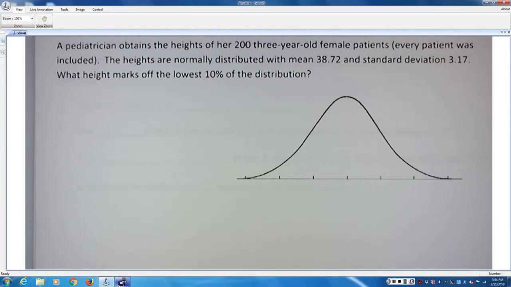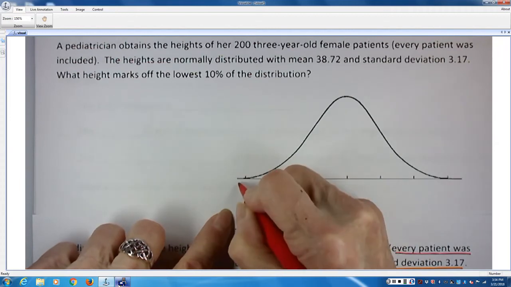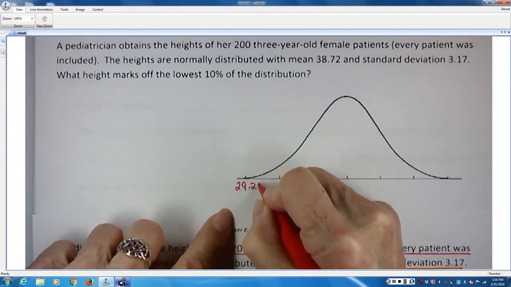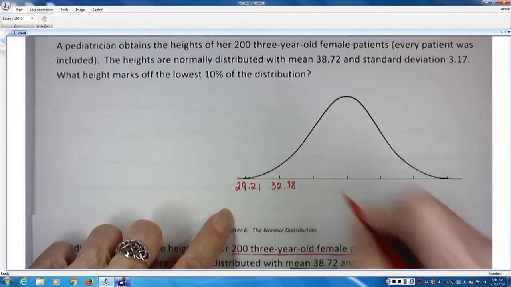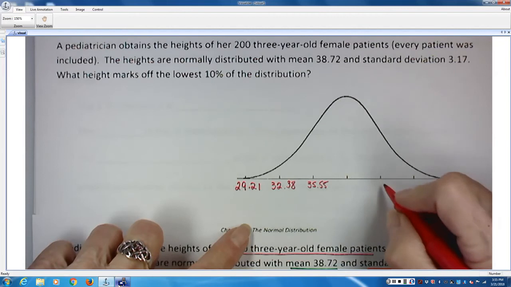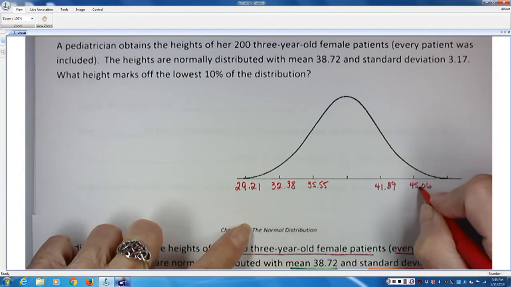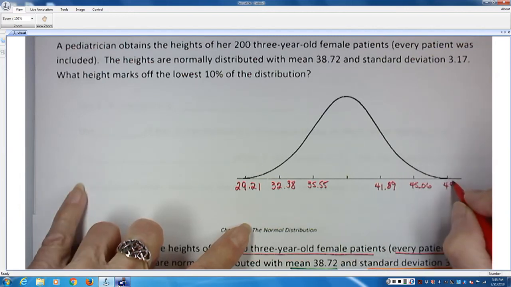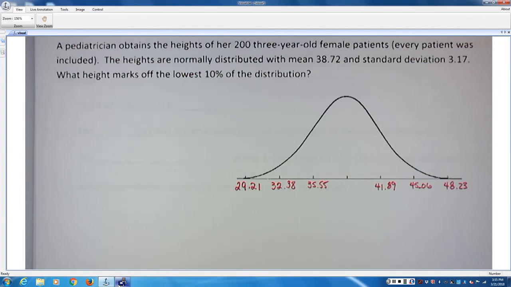This was the pediatrician's curve. I'm just copying that off the same information we had earlier.